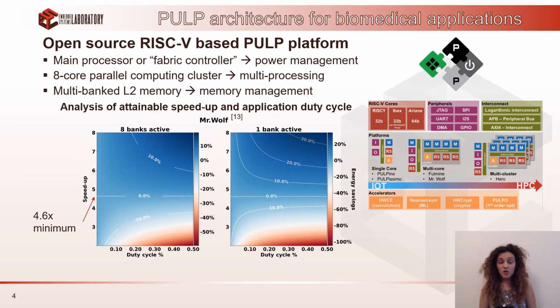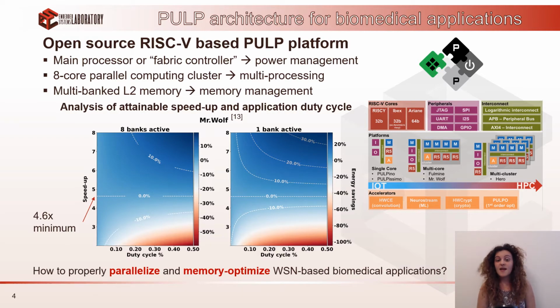So, the output of this analysis is that we need minimum speedups and correct memory management, otherwise we may limit the potential energy savings. But how to properly parallelize and memory optimize WSN-based biomedical applications?